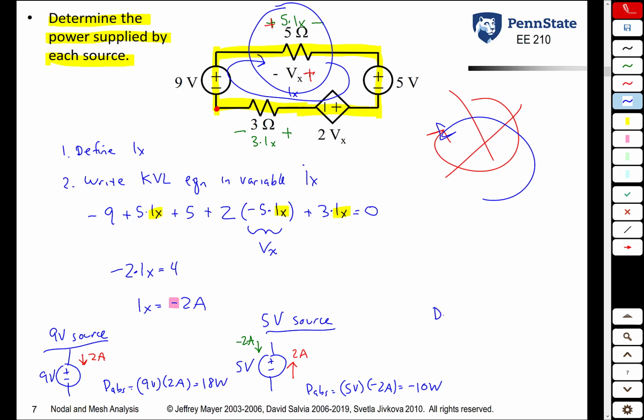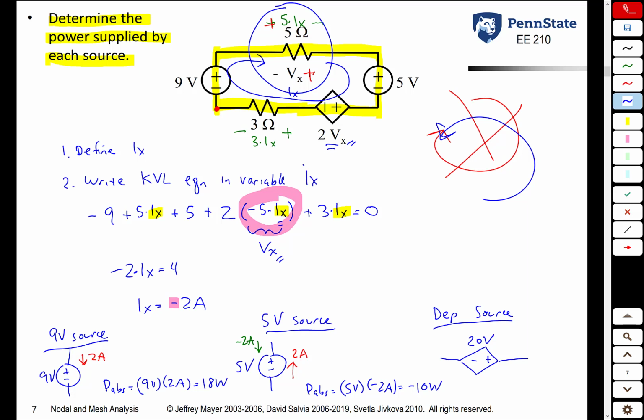And finally, the dependent source. Its value was 2Vx. But what is Vx? Vx was minus 5Ix. Since Ix is negative 2 amps, Vx is plus 10 volts, which means this dependent source is positive 20 volts.